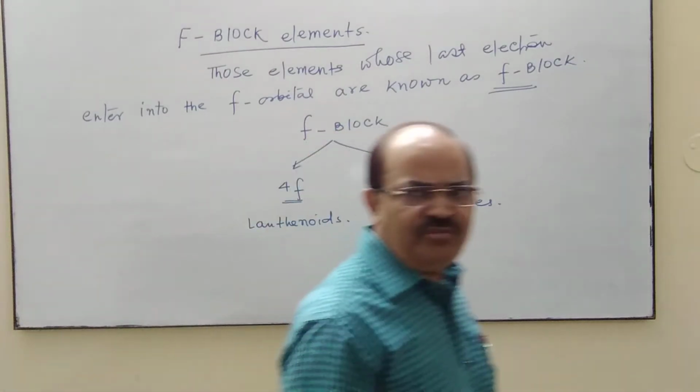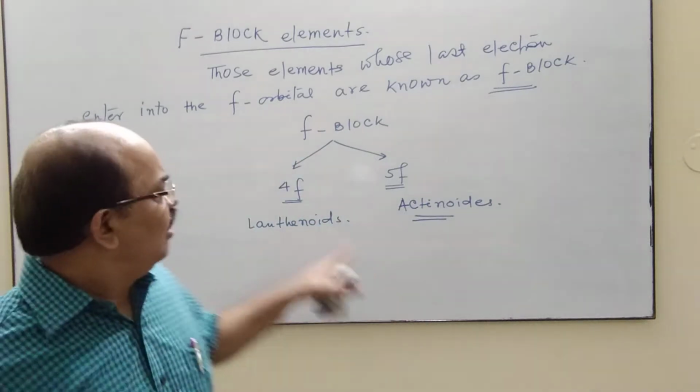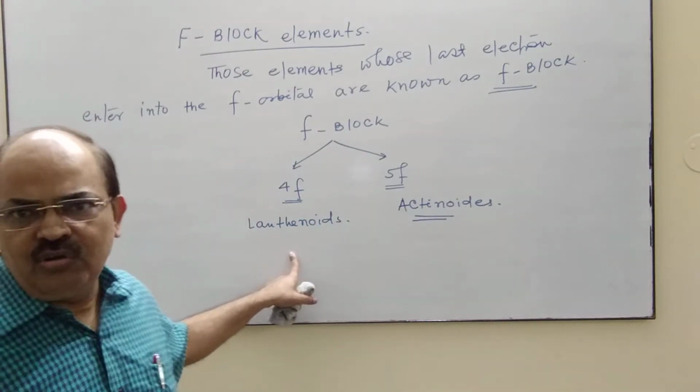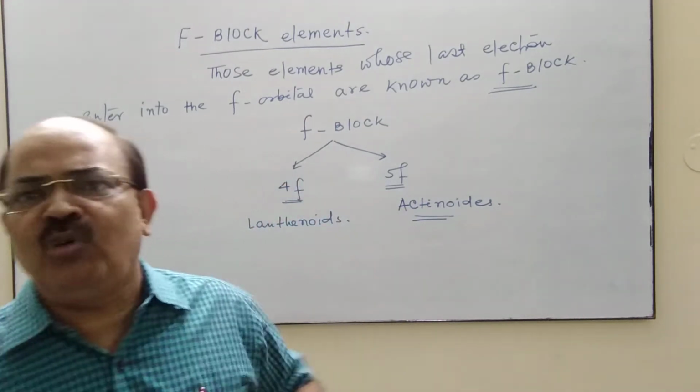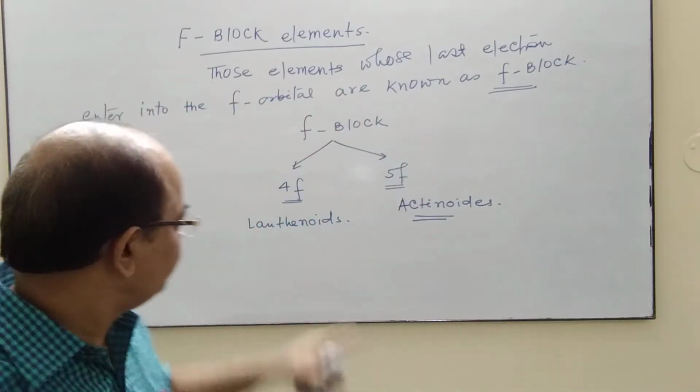In case of lanthanoids, there is regular filling of the 4f orbital electrons, while in case of actinoids, there is regular filling of 5f.